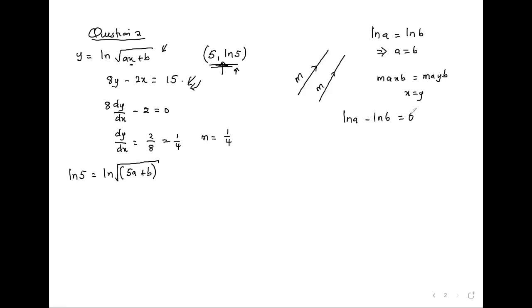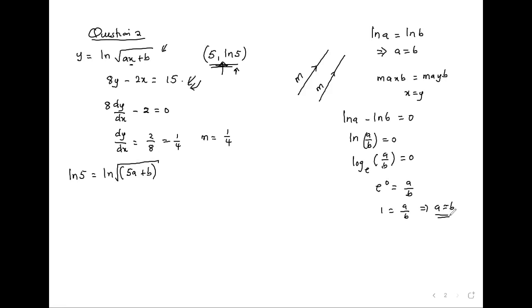If you are subtracting logs of the same base, you divide, so ln of A over B is equal to 0. Dealing with log to the base e, you raise e to the power 0 to get A over B. But a number to the power 0 is 1, so A over B is 1, implying that A is equal to B. I've shown it mathematically.